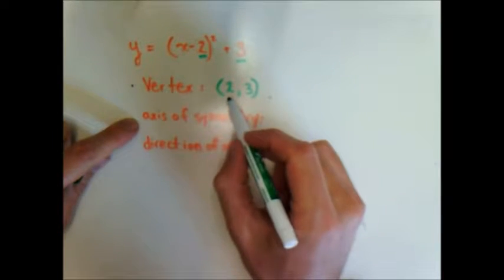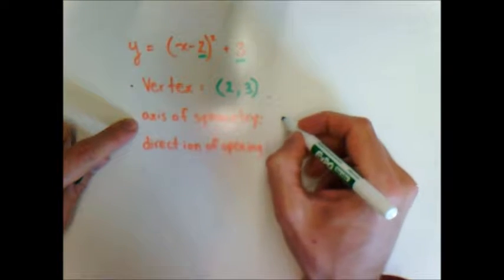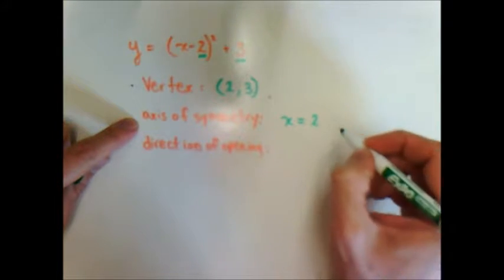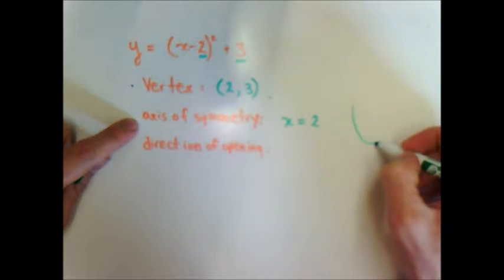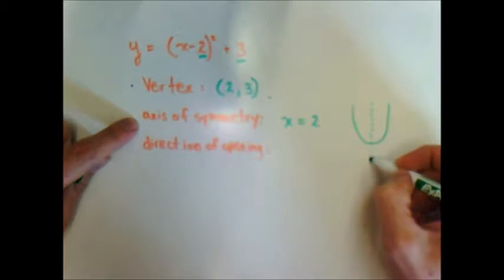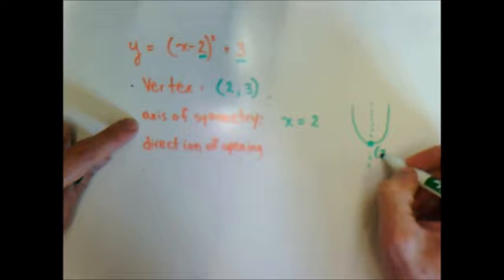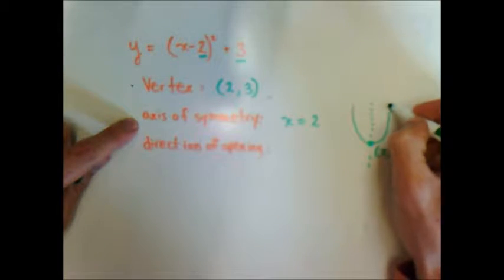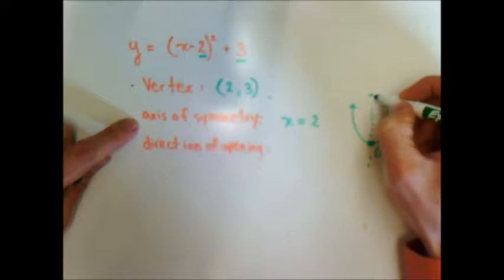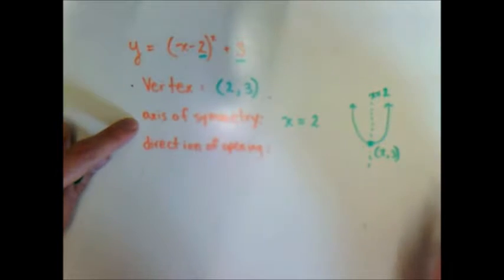So the vertex is at x equals 2, so the line of symmetry must be x equals 2. Again, that's the line that goes right down the middle, crosses through the vertex, and since our vertex is at 2, 3, our axis of symmetry must be x equals 2.